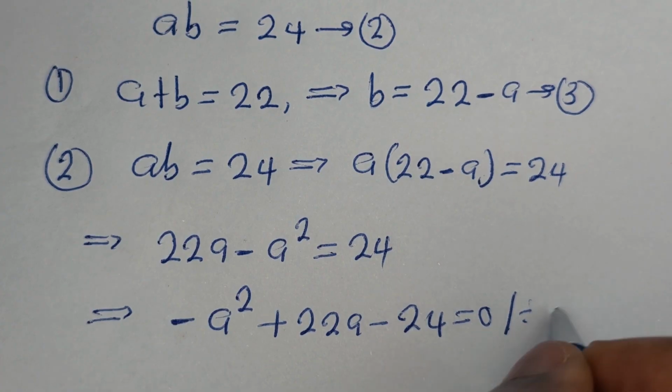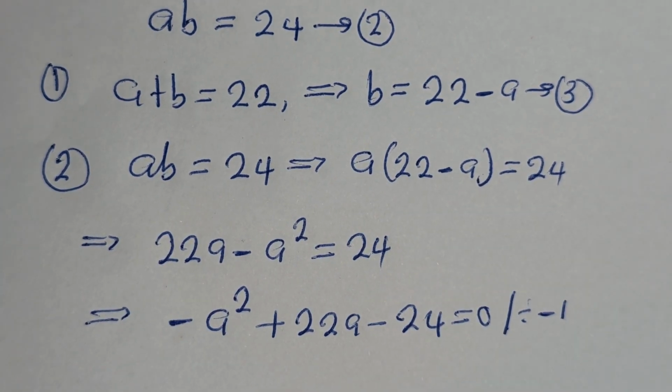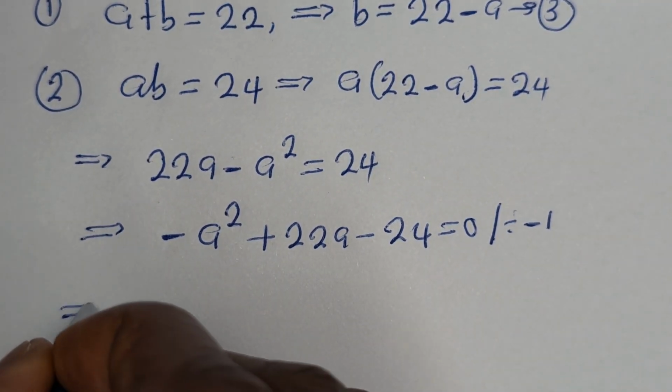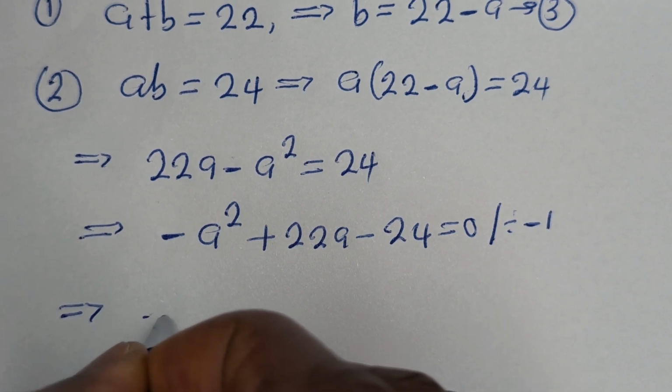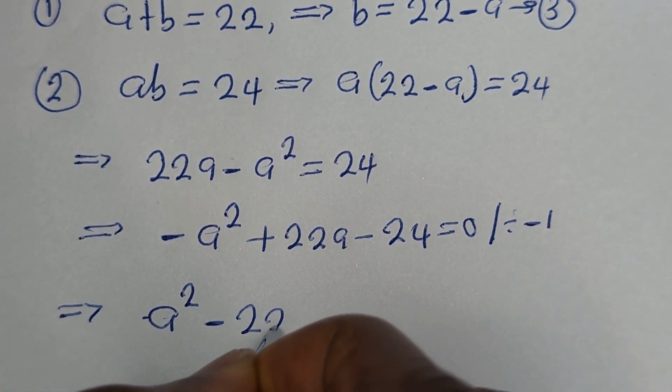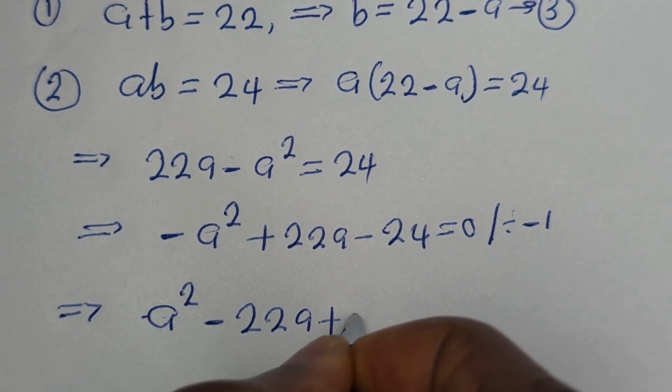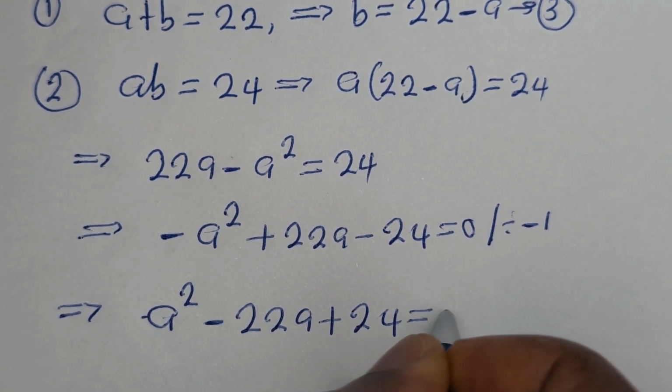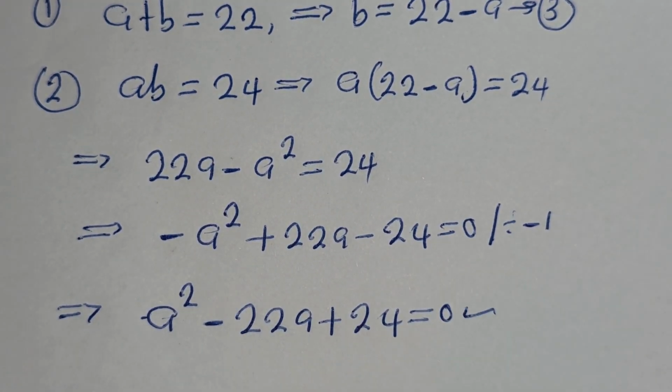Let's divide all through by minus 1. a square minus 22a plus 24 is equal to 0. This is a quadratic equation.